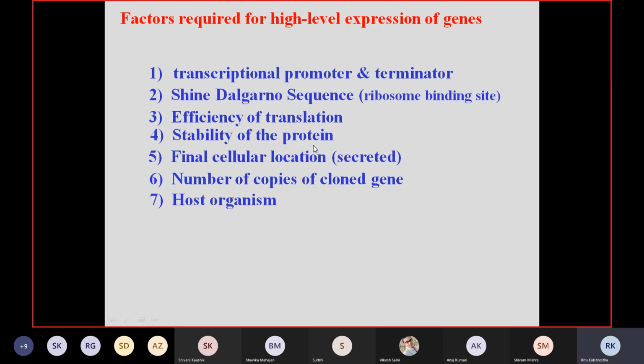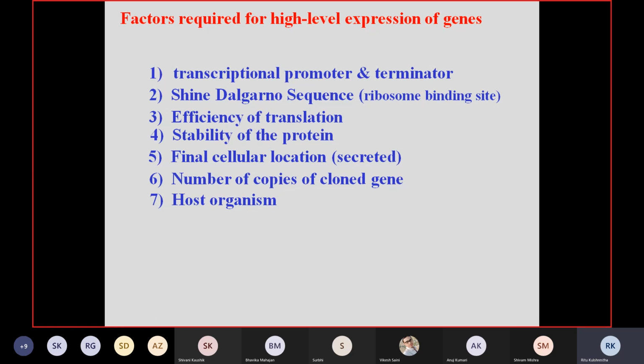Then, another factor which affects the high level expression of genes is the intrinsic stability of the protein. Again, it was seen that if you add certain fusion tags, the stability of the protein was increased many folds. What those fusion tags are, we'll discuss in my next class, which will likely be after your minors.